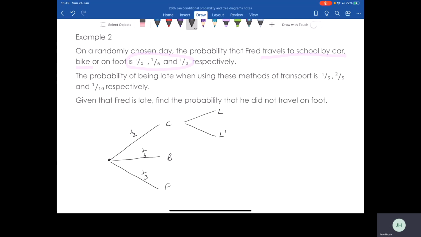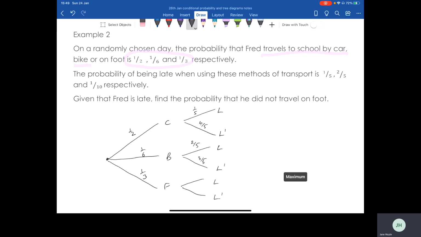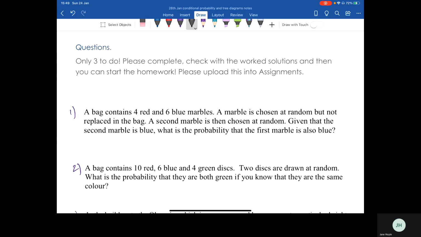And this is where you can see the probabilities are going to add to 1. So I've got the 1/5 there, and that is paired with a 4/5 there. Those two add to 1. I then have a late and a not late option there, 2/5 and 3/5. And then finally, I've got a late and a not late option at the end.